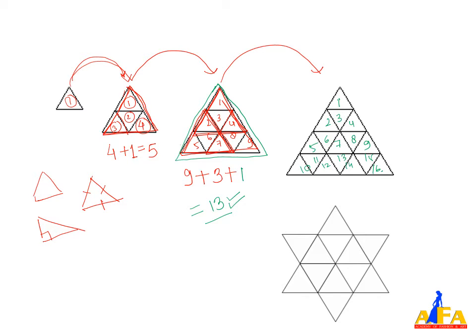Now if we start calculating the bigger triangles, this is forming one triangle, this is forming another triangle, and this is forming 3 triangles. So the number of triangles is 16 plus 3.